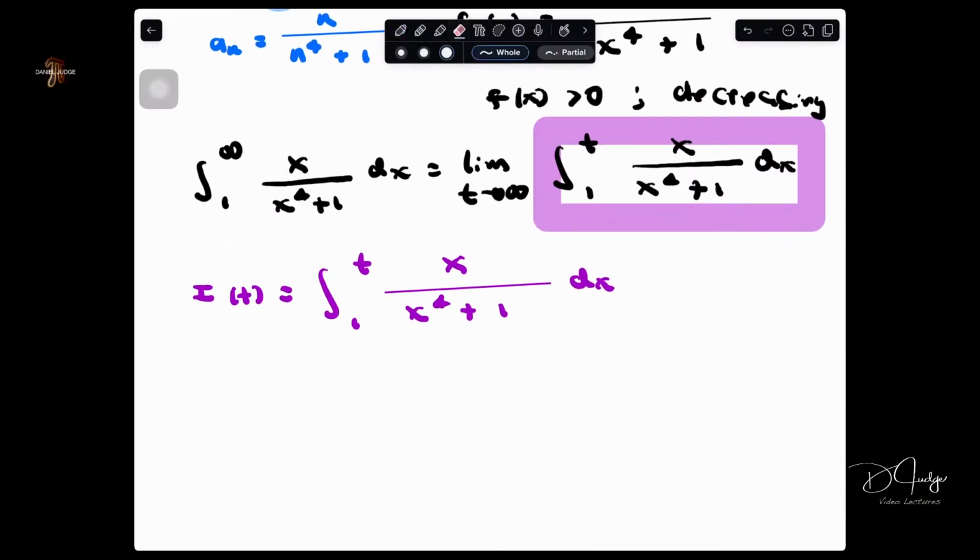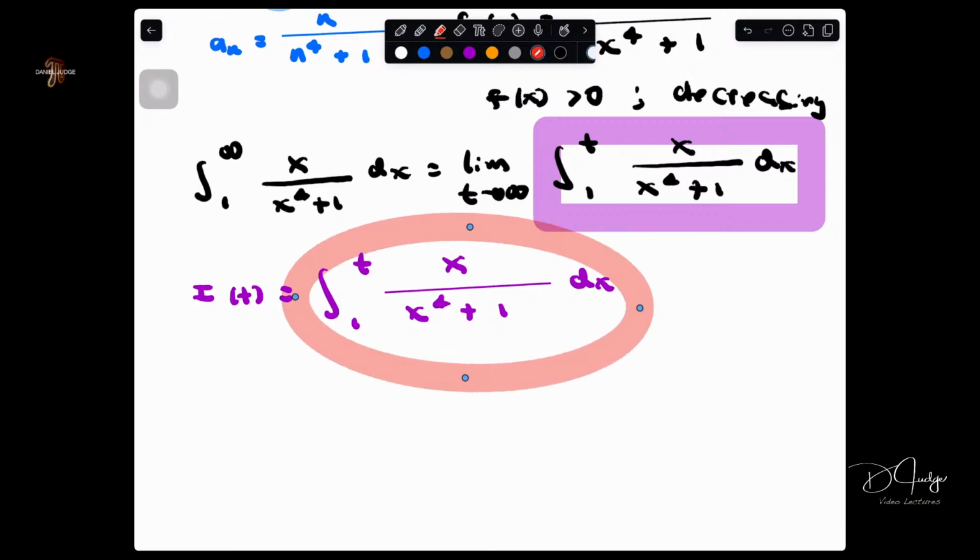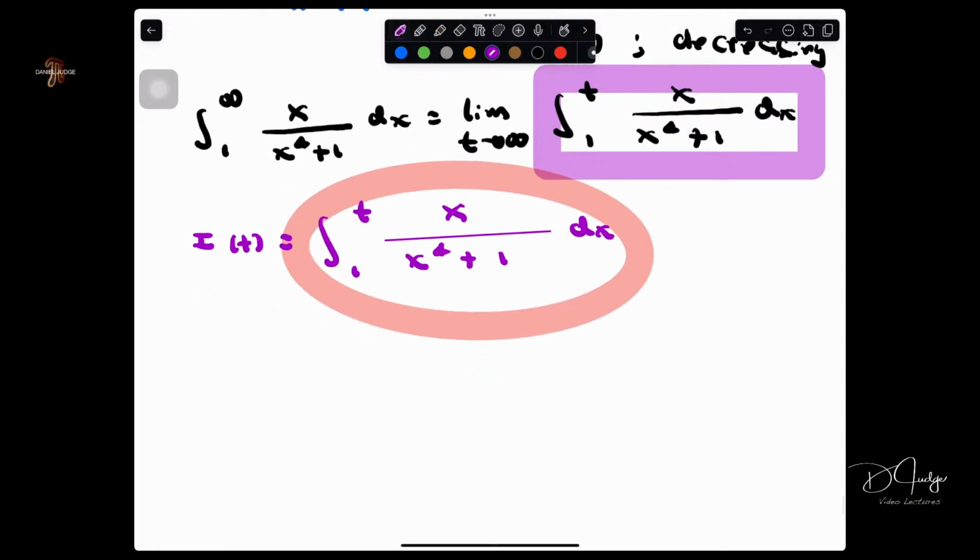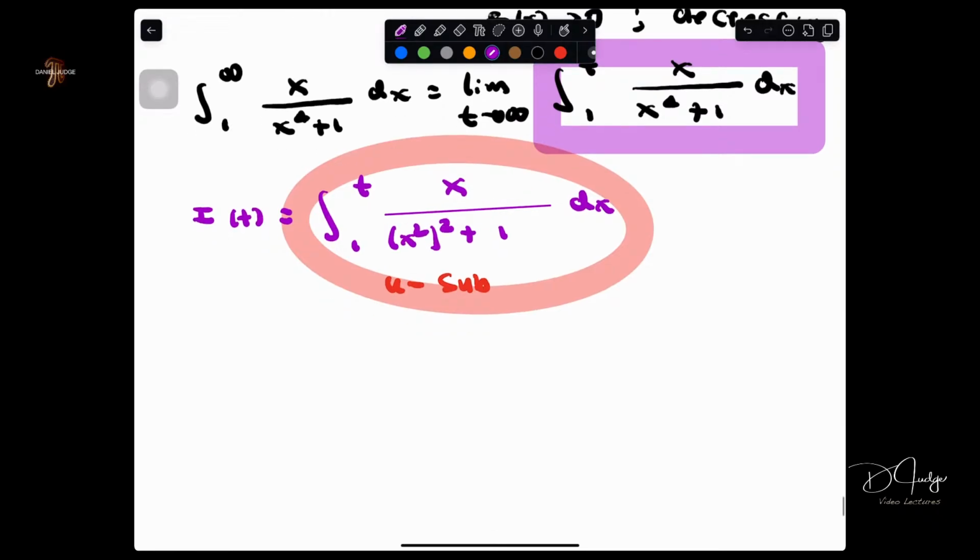So what I'm going to do now is this. This is going to be a u-substitution problem. Let me write this down so you can see why I say u-sub. x squared squared is x to the fourth.